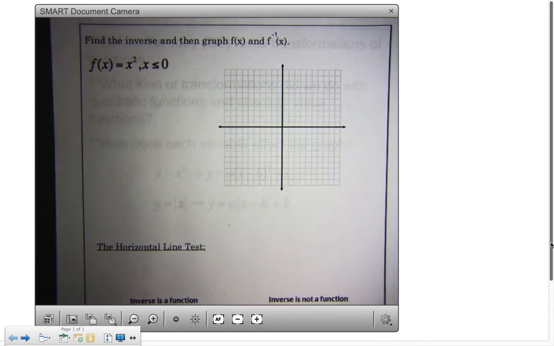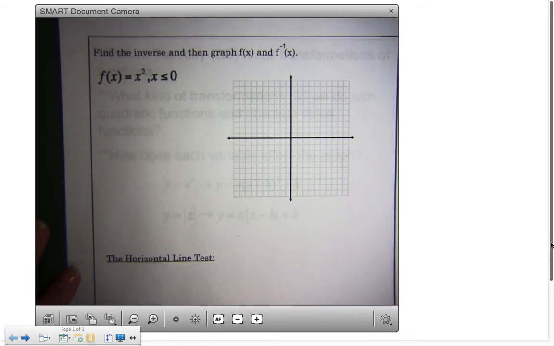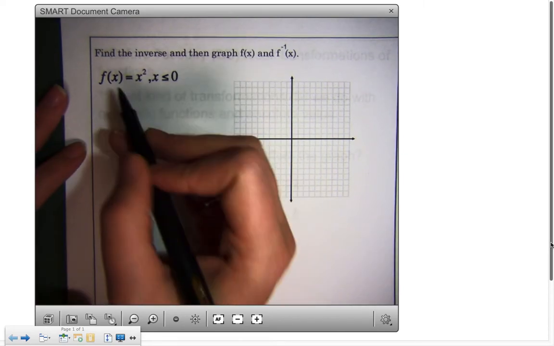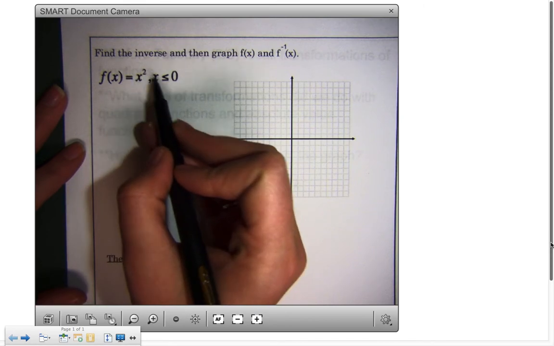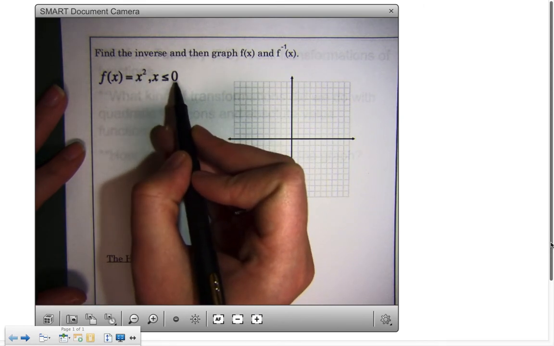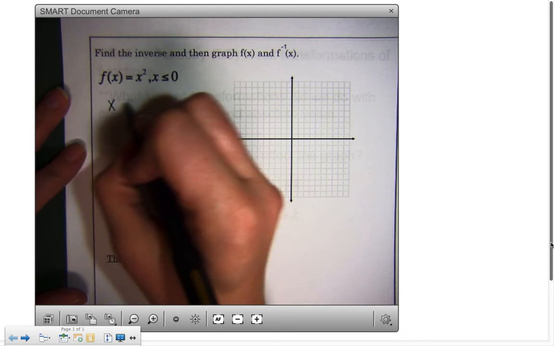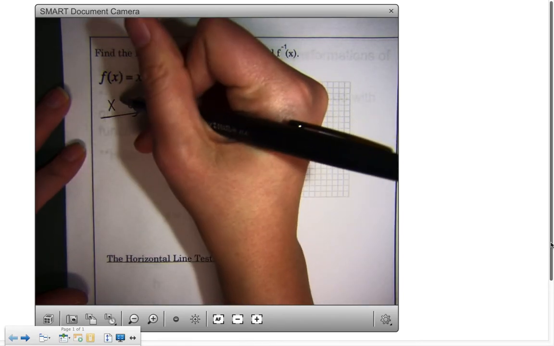So let's look at one example where we graph a function that has a restricted domain. Normally the graph of x squared has a domain of all real numbers, but I want to restrict it so that its inverse is still a function. So if I wanted to graph y equals x squared with x values that are just less than or equal to 0, I could make a table of values.